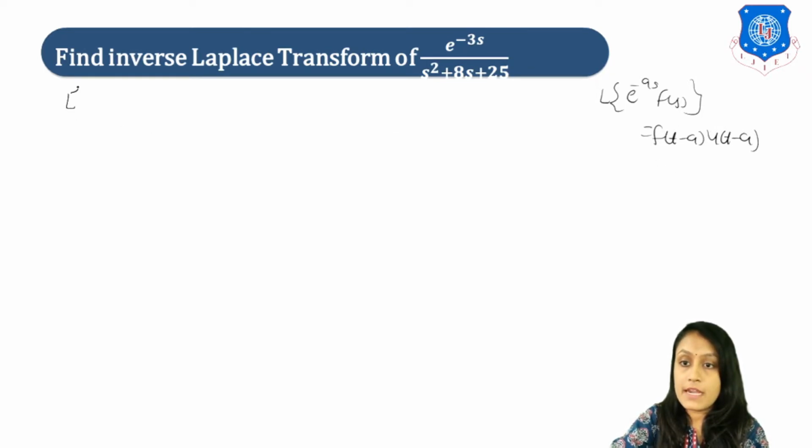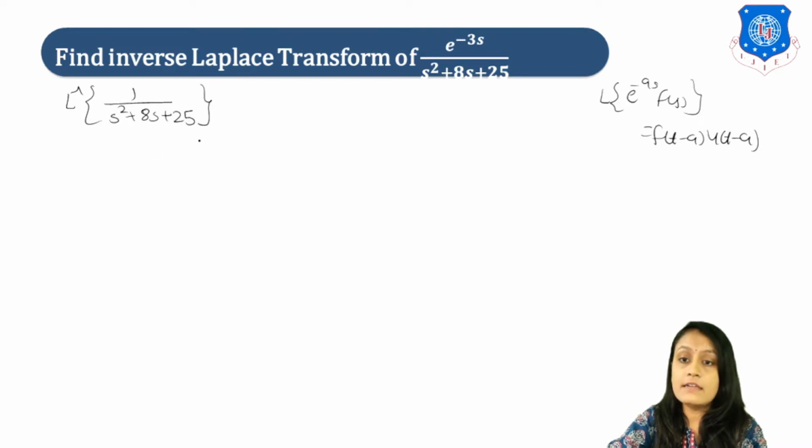So first we will find Laplace inverse of Fs, and Fs is what here, 1 upon s square plus 8s plus 25, right? Now whenever we have this type of question, what we'll do, we'll find last term every time. Okay, so again last term is what, middle term square upon 4 into first term.